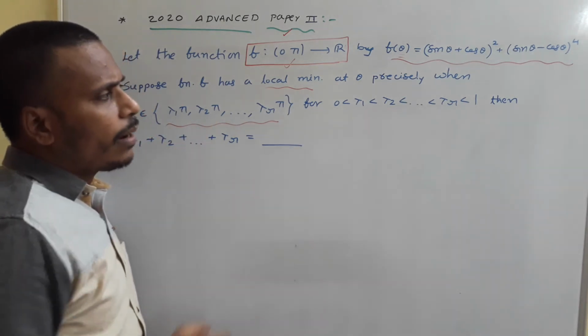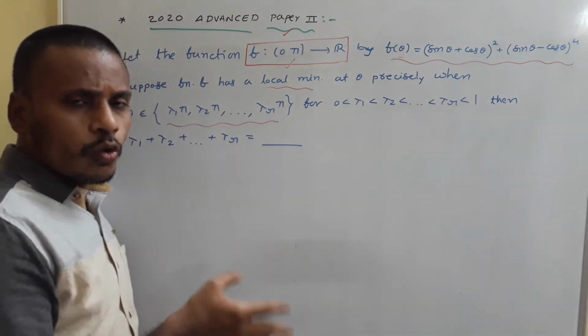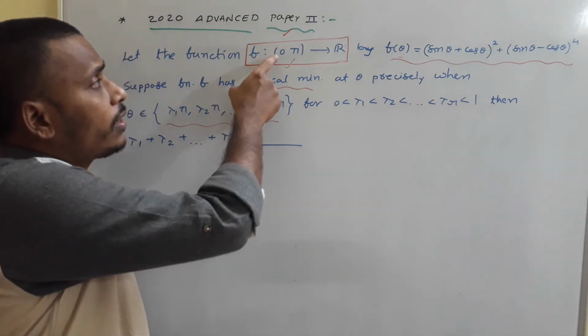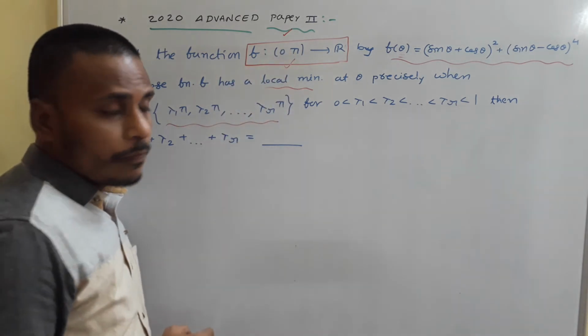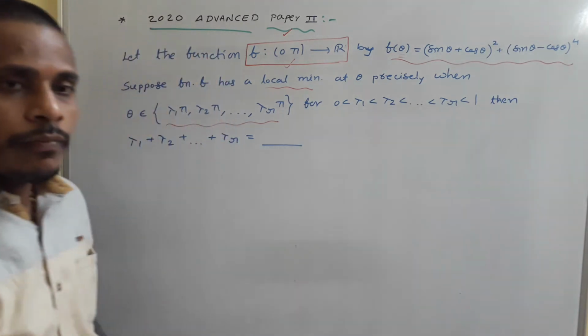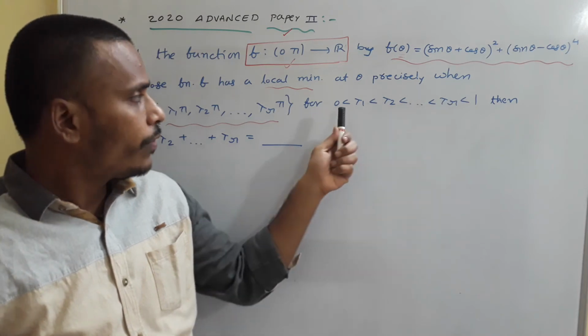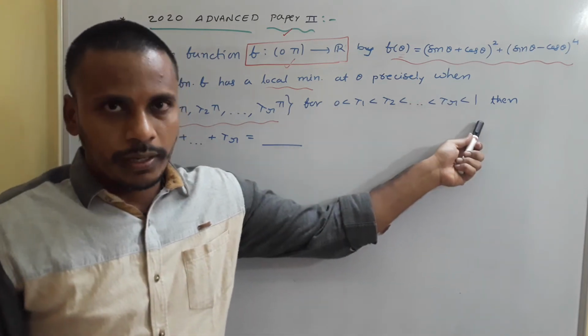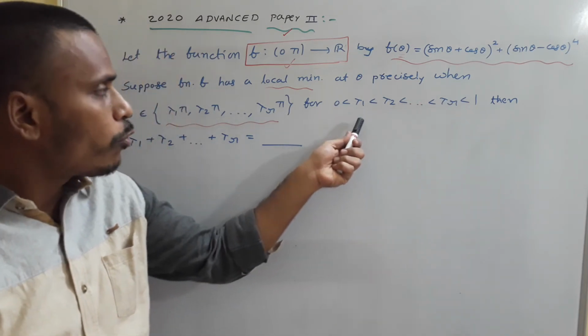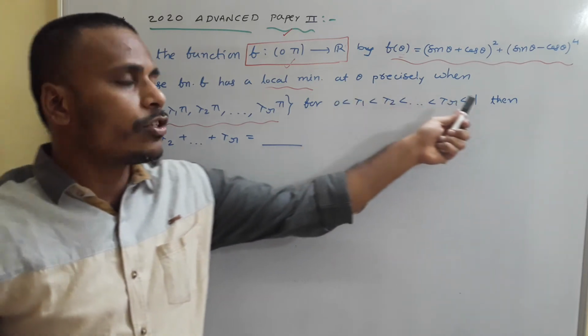Lambda 1, lambda 2, all these belong to 0 to 1 only. Why? Because theta is in between 0 to pi. If you multiply everything, lambda 1 pi, lambda 2 pi, lambda r pi are in between 0 times pi and 1 times pi. That means all these values, if you multiply with pi, lie in between 0 to pi.